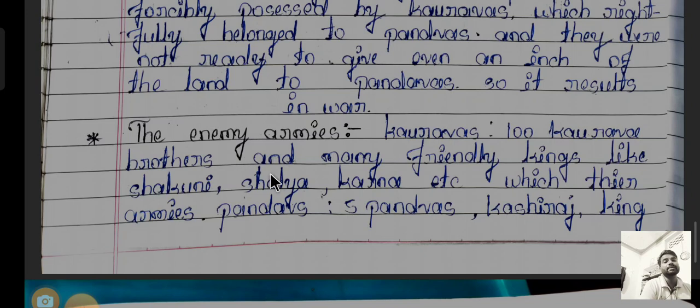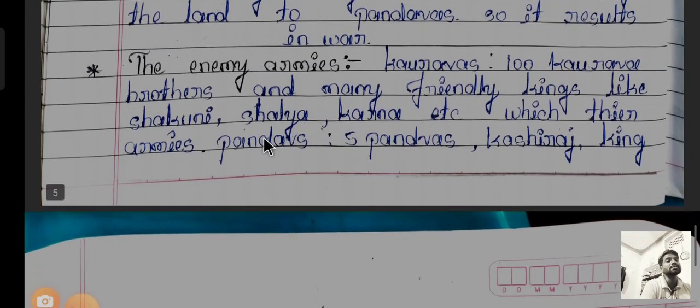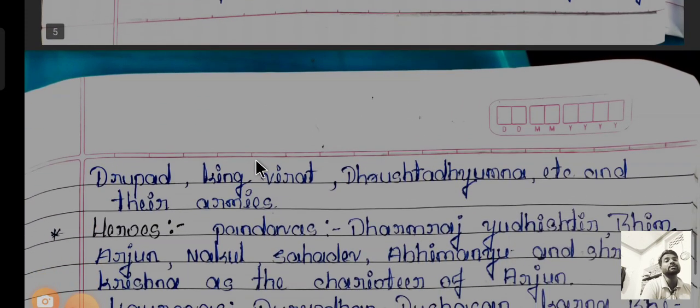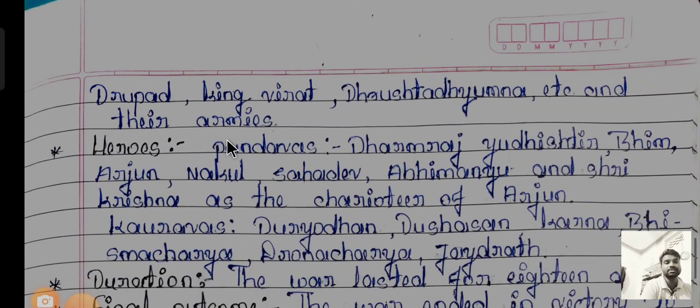The enemy armies: Kauravas, 100 Kaurava brothers, and many friendly kings like Shakuni, Shalya, Karna, etc., with their armies. Pandavas: Panchala, Kashiraj, King Drupada, King Virata, Dhrishtadyumna, etc., and their armies.